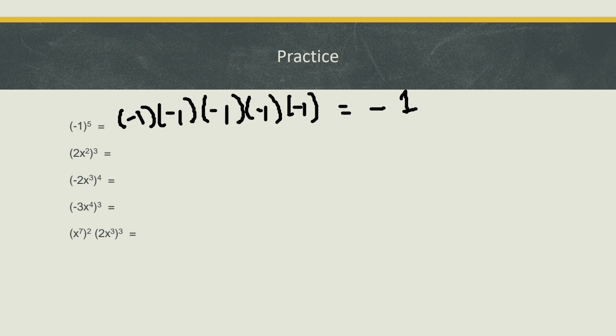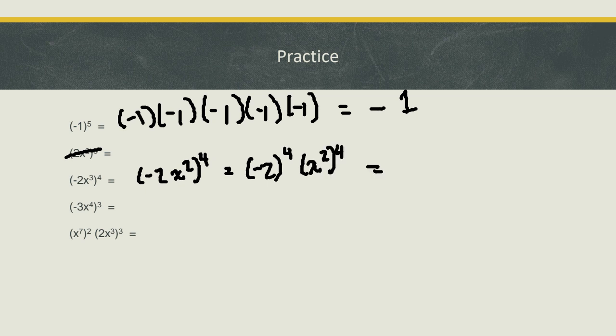Okay. We did the second one already on the previous slide, so we'll skip that one. But let's do this one. We have -2x squared to the power of 4. I'm going to split this up. You don't need to do this, but just for the sake of learning, I'm going to split this up. So -2 to the power of 4, you can punch this in your calculator, or you can do -2 times -2, which you might still need a calculator for anyways.